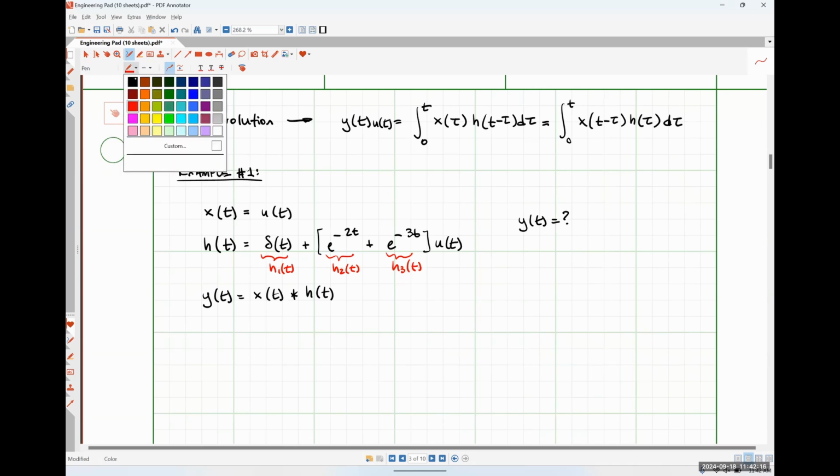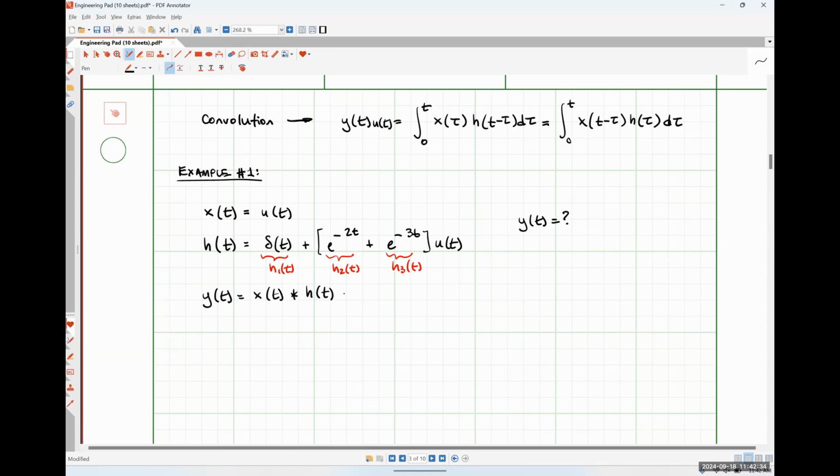The commutative property lets me split this into three smaller convolution operations rather than one big one that would get messy real fast.